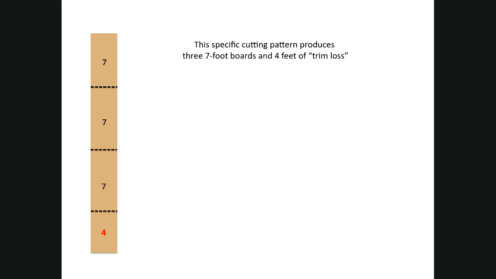So this diagram, of course, represents one of the 25-foot boards, and one of the ways you could cut that 25-foot board is you could have three 7-foot sections, and then of course you'd have 4 feet left over if you used the 3 7-foot sections.